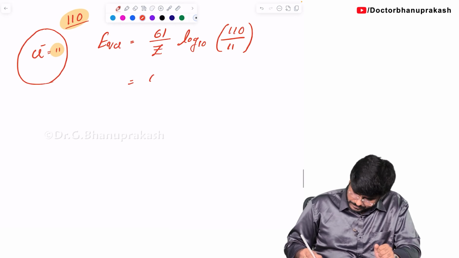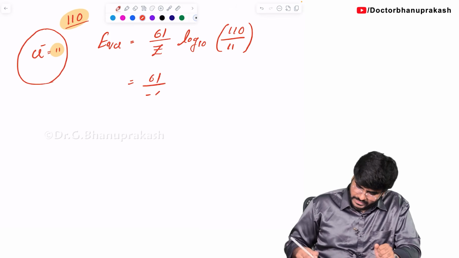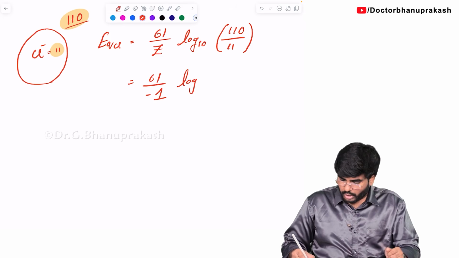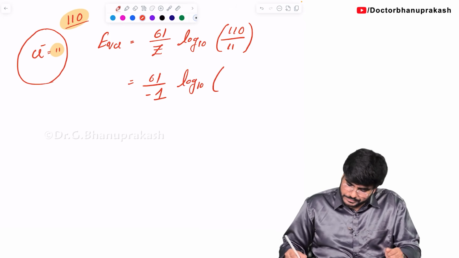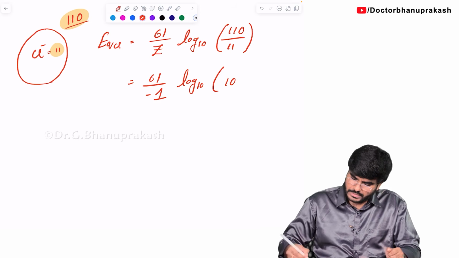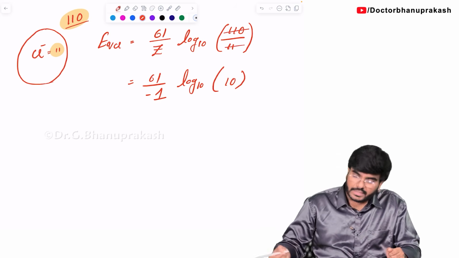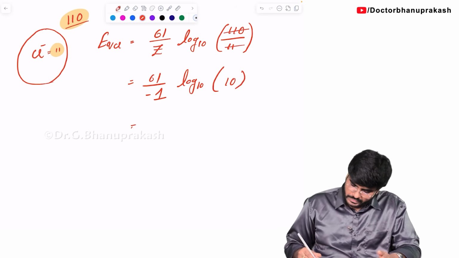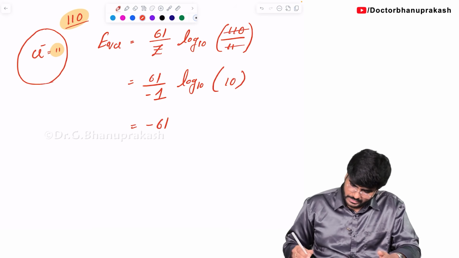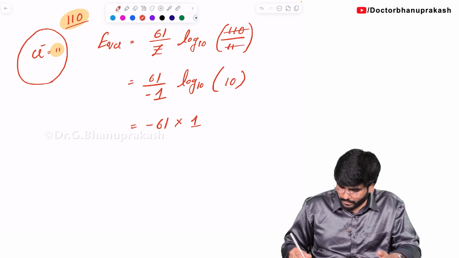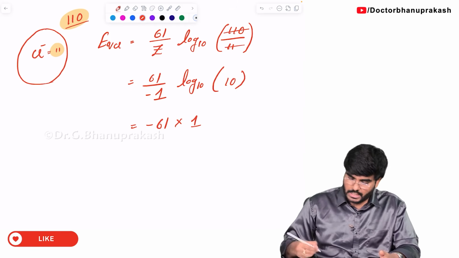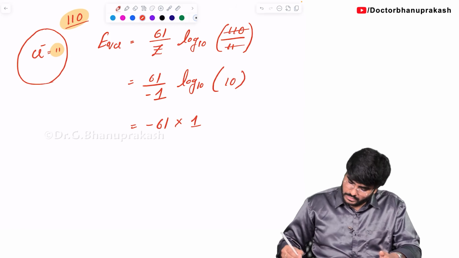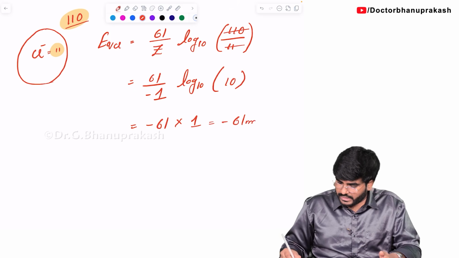So it will become 61 by minus 1, definitely the valency is minus 1, chloride is a negative charge, into log base 10 of 10, right? 11 tens are 110, so 10. Log base 10 of 10, what is the value? That is minus 61 into 1, because log base 10 of 10 is going to be 1, so again minus 61 millivolts.